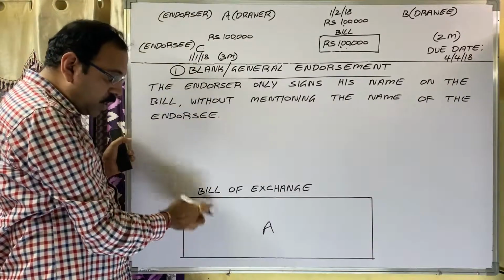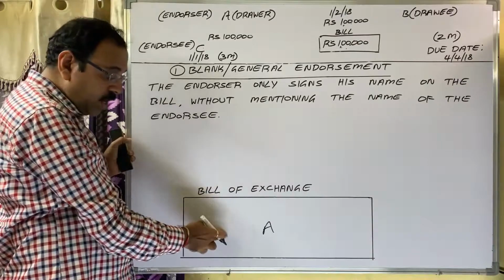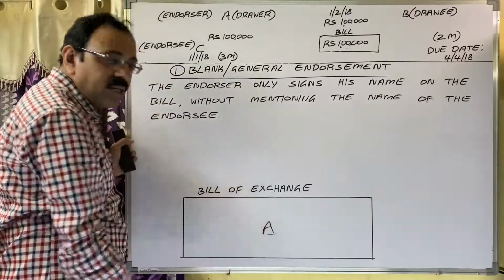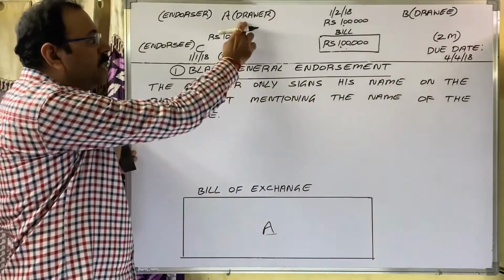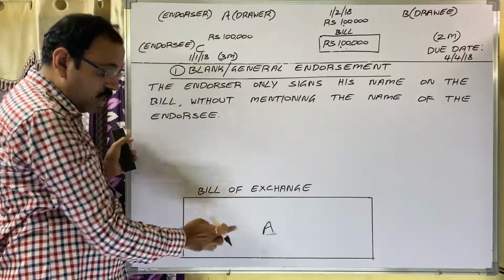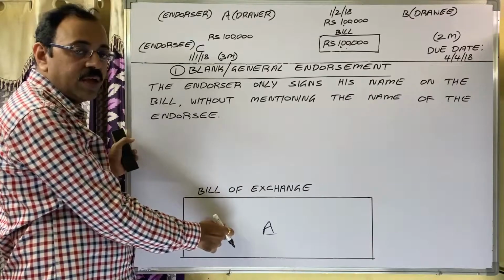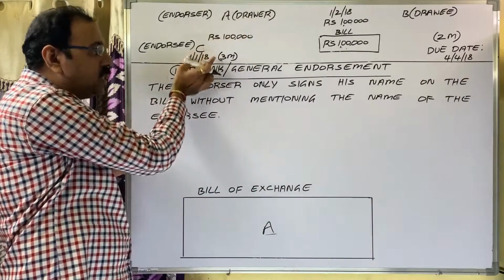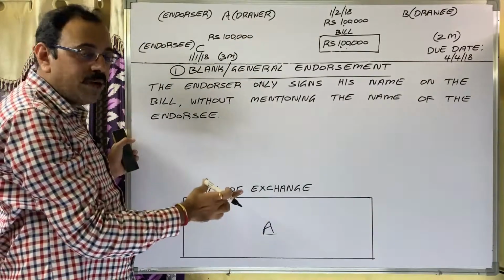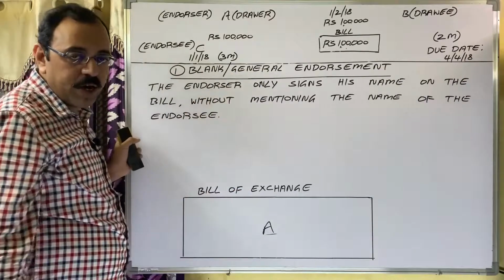Assume this is the backside of the bill. Here only A's signature is there. So A didn't mention C's name here. So without mentioning the name of endorsee, if an endorser endorses the bill, that endorsement is called blank endorsement.